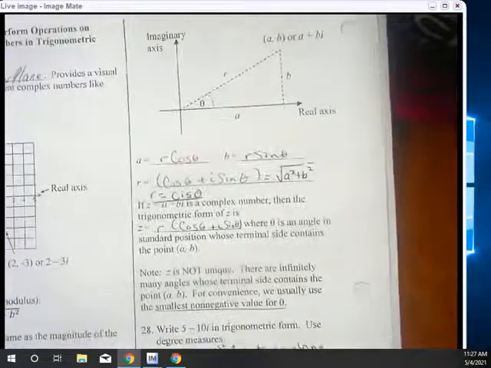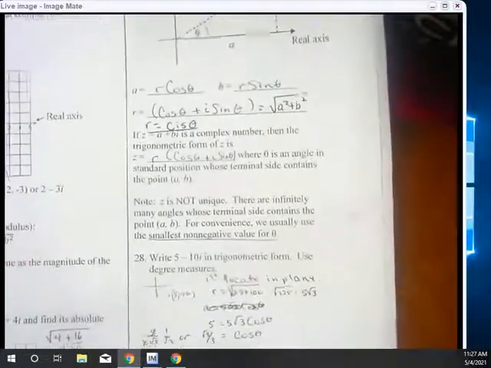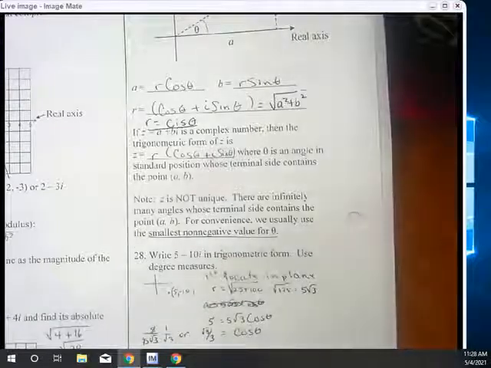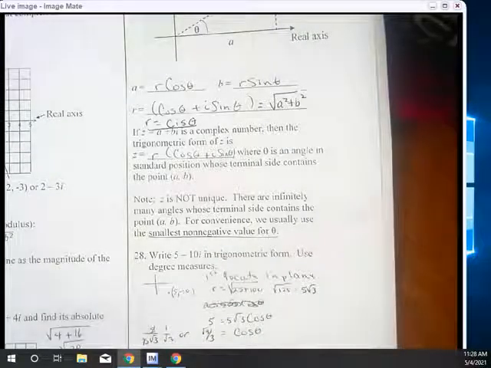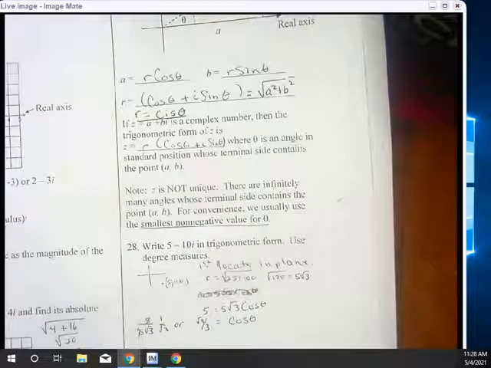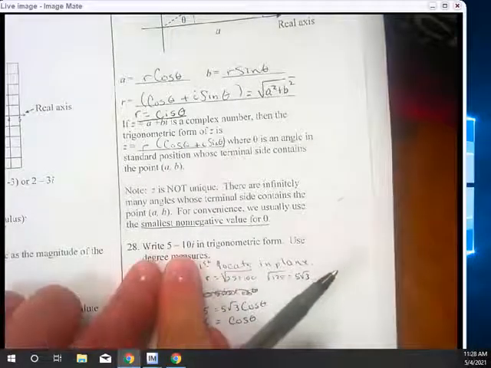It doesn't mean anything special. We are going to find the smallest non-negative value of theta. So we don't have to worry about plus 2 pi. Remember all of that mess? We're just going to take the first smallest positive angle.